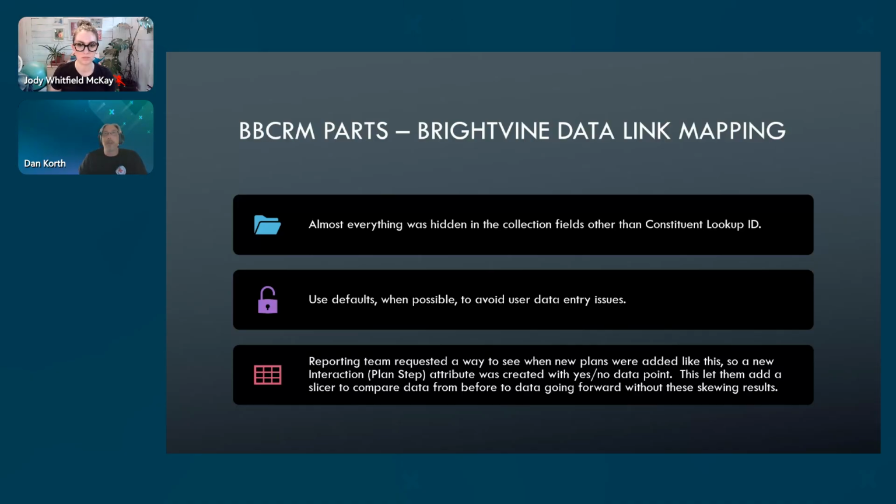So to make that work with our analytics team, I spoke with them. We just created right on that plan step that's being created an interaction attribute with a yes value, so that they can make a toggle that it's either yes or blank. And that way you can compare what it looked like historically versus what it looks like now just by using that toggle in the Power BI slicer.